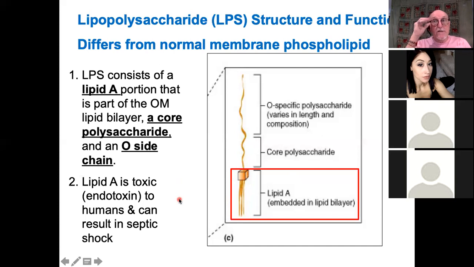When it goes into circulation, it is toxic, and it is one of the things which causes this very profound collapse of blood pressure because of an immune response, which we refer to as septic shock. And this particularly becomes a problem as gram-negative cells in the circulation die and disintegrate, and they release these as free molecules in circulation.